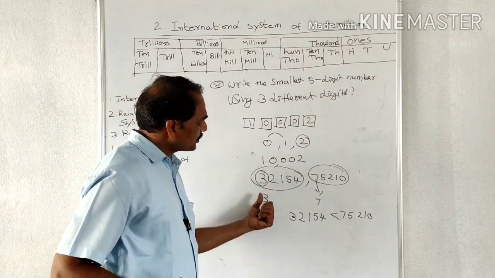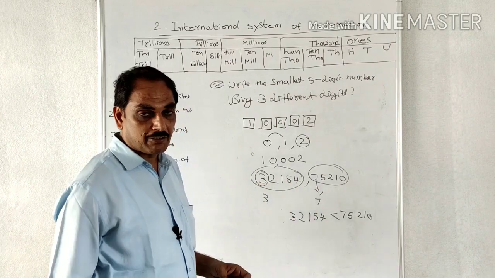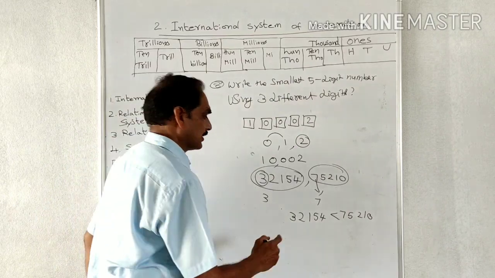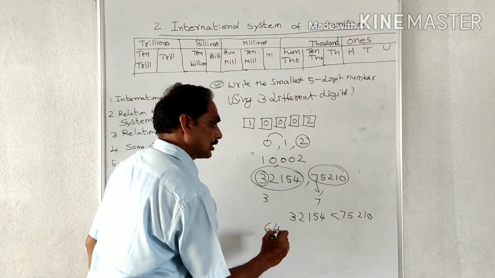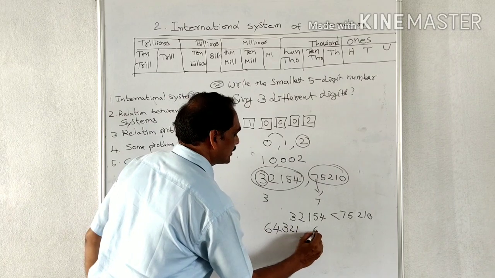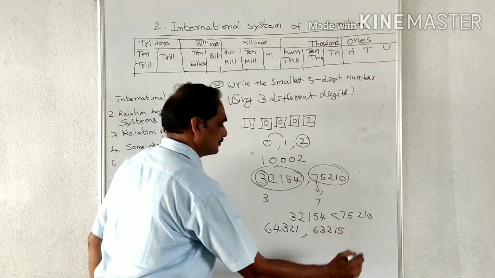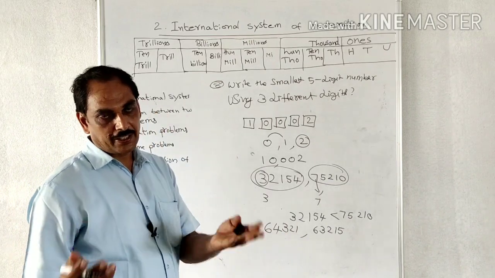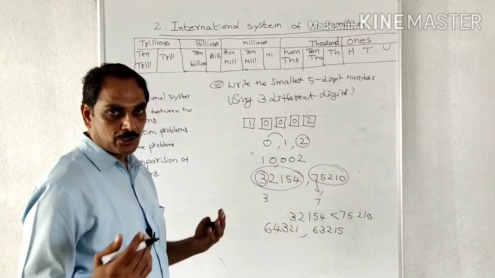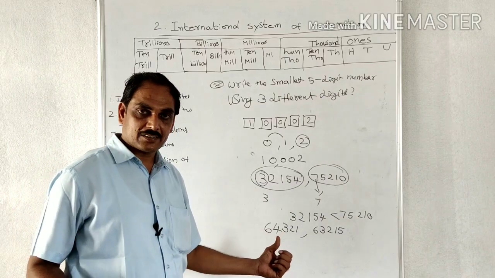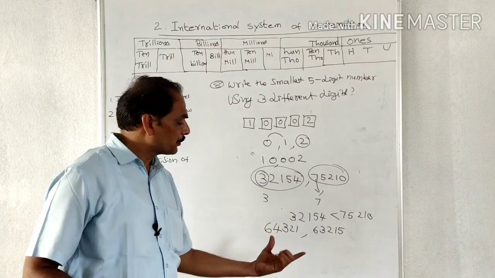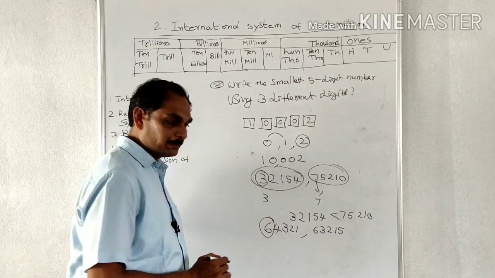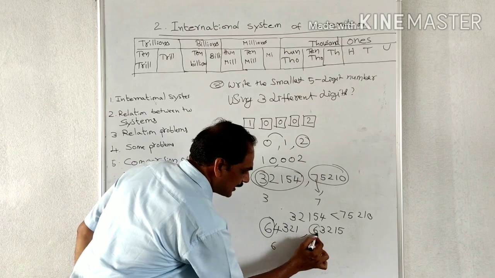If the leftmost places are equal, take another example: 64321 and 63215. In this also the number of digits is equal. We go to the leftmost places to find the smaller number. The leftmost place in the first number is 6, and in the second number is also 6.